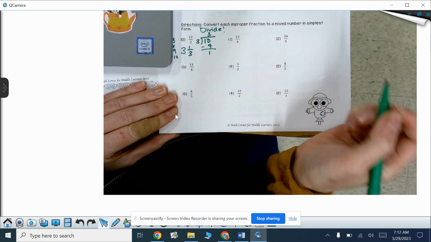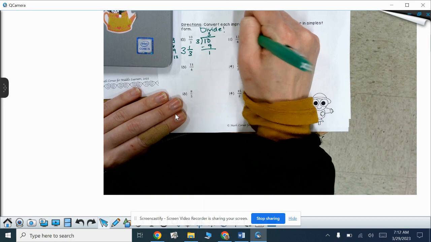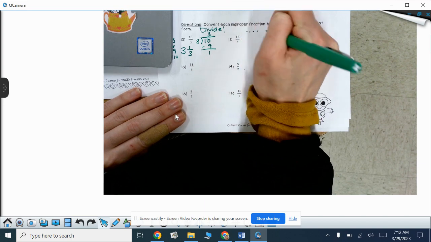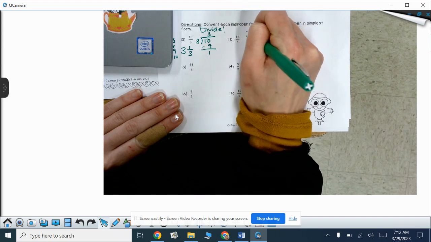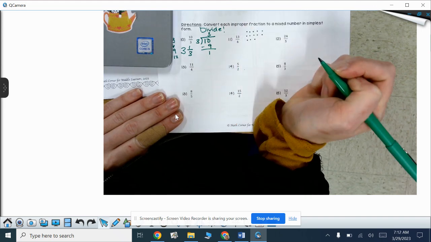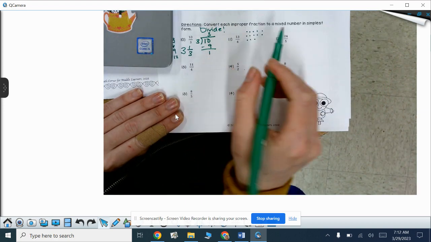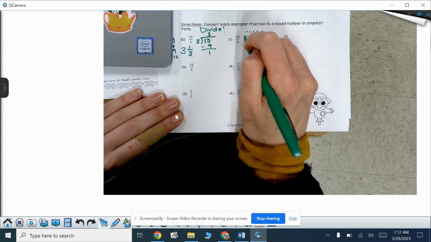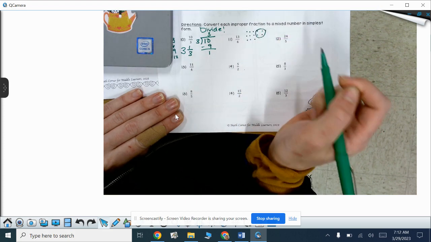The other way to do this is you can draw little dots to model your division. So I'm going to draw 13 dots. 1, 2, 3, 4, 5, 6, 7, 8, 9, 10, 11, 12, 13. Now I need to take out 4 dots at a time. So let's do this. I'll take out one group here.